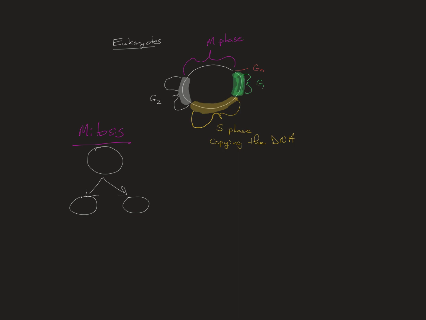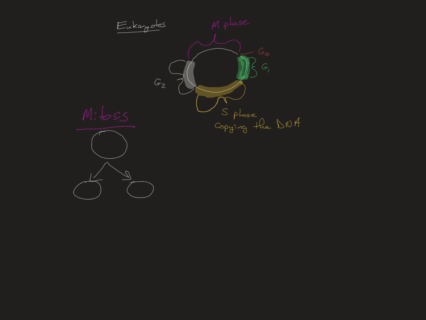In mitosis, you make an identical copy. So everything is copied. These two cells are the same. That is the process, mitosis, dividing the nucleus.